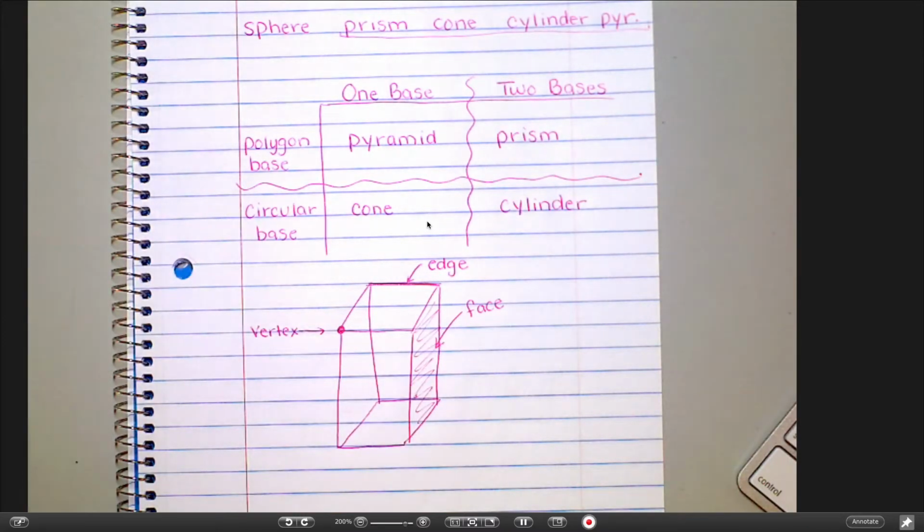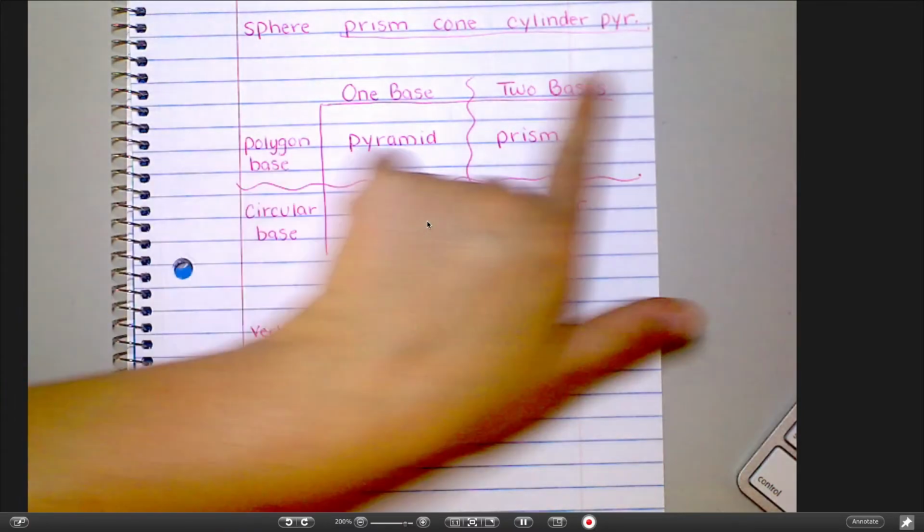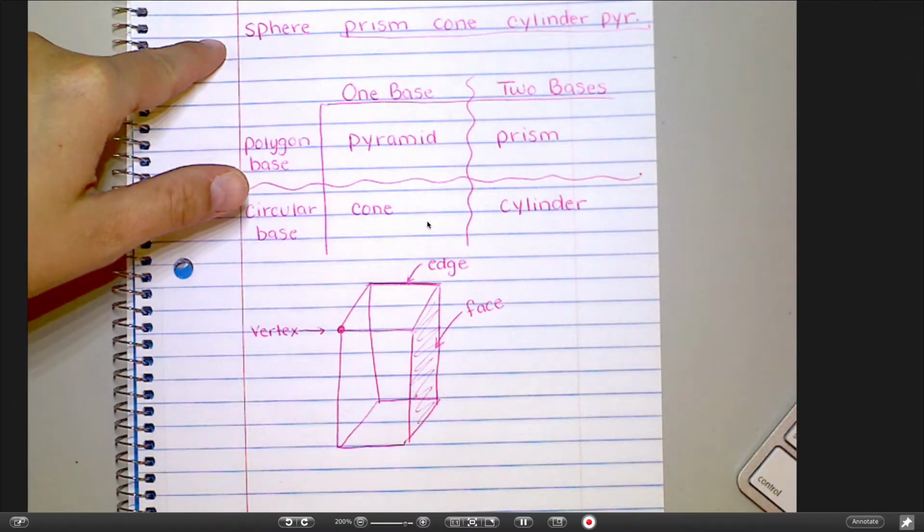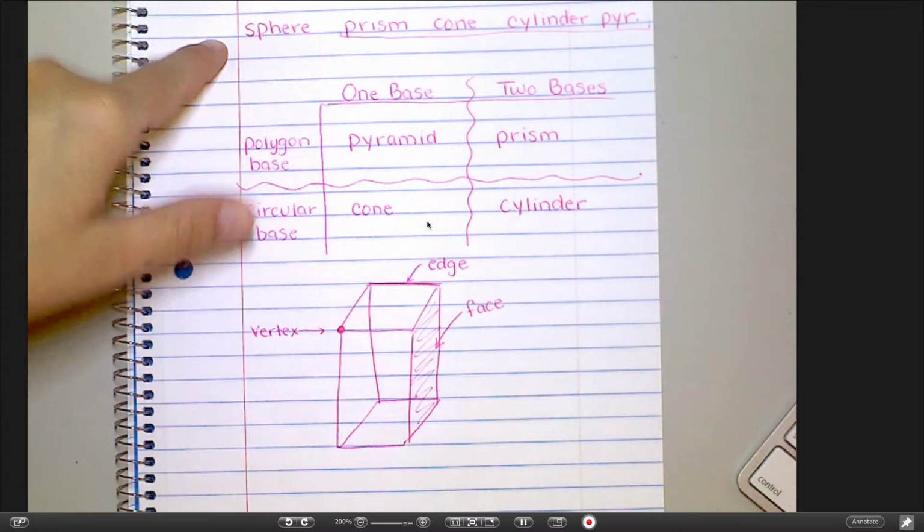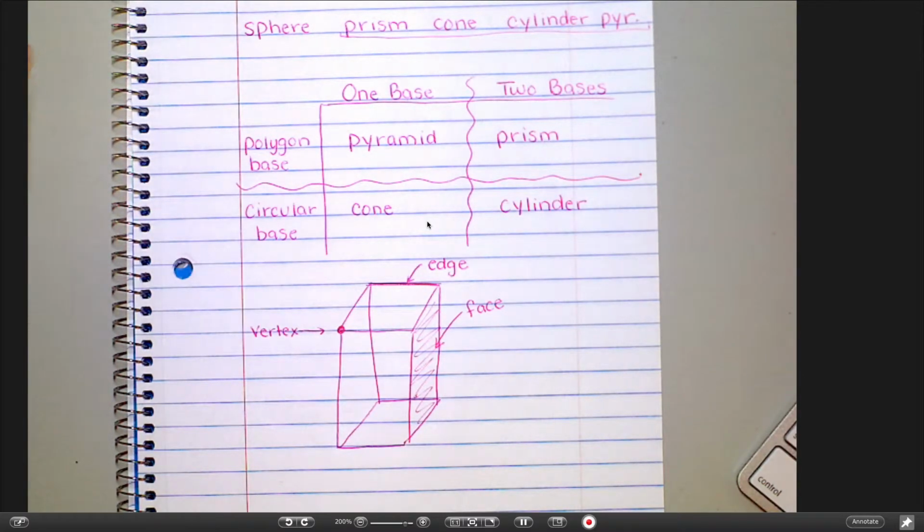Name me a shape that has no edges. A sphere has no edges, you're right. What is a sphere, by the way? Because we talked about these 4. We didn't talk about a sphere. What is a sphere? Like, describe it. What shape is it? It's a ball. Yeah, a sphere is a ball.